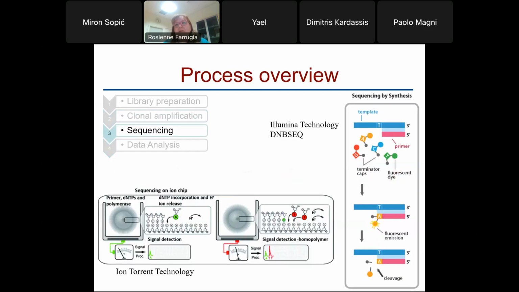And here we have two distinct sequencing methodologies. One is a sequencing by synthesis method using blocked fluorescent nucleotides, and that's what's used by Illumina and the NB-seq. And Ion Torrent uses the release of an H+ molecule when the sugar phosphate bond is formed, and they detect that change in pH brought about by the release of the H+ molecule.